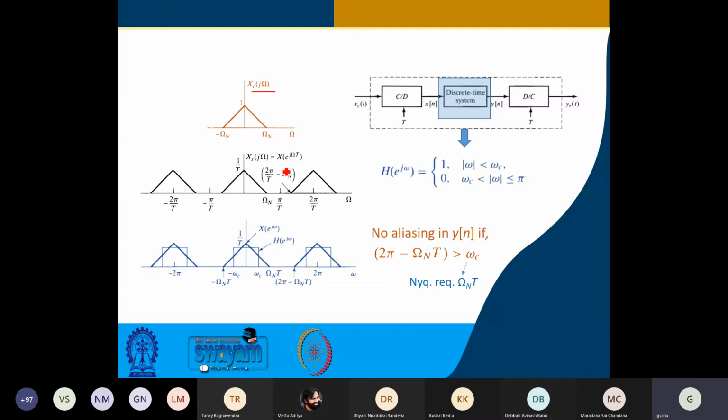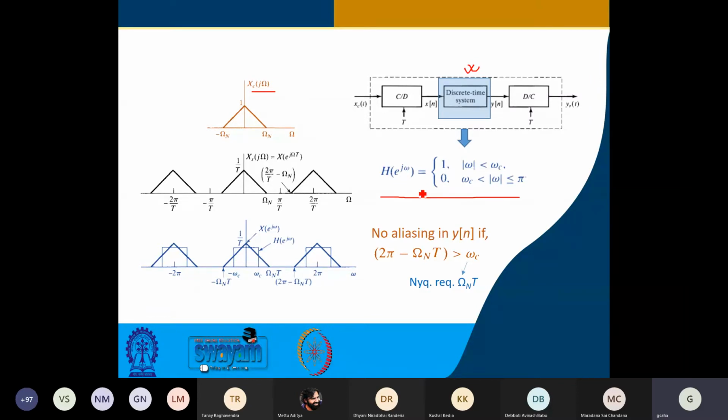Now what we do over here, we have selected an H(e^jω), which could have been anything else. This is just one specific example. We could have a different H(e^jω), and the story will be the same.